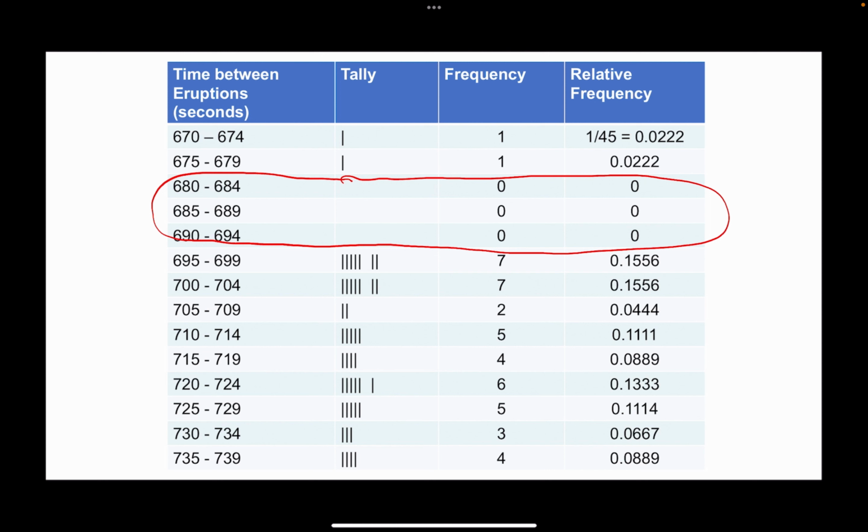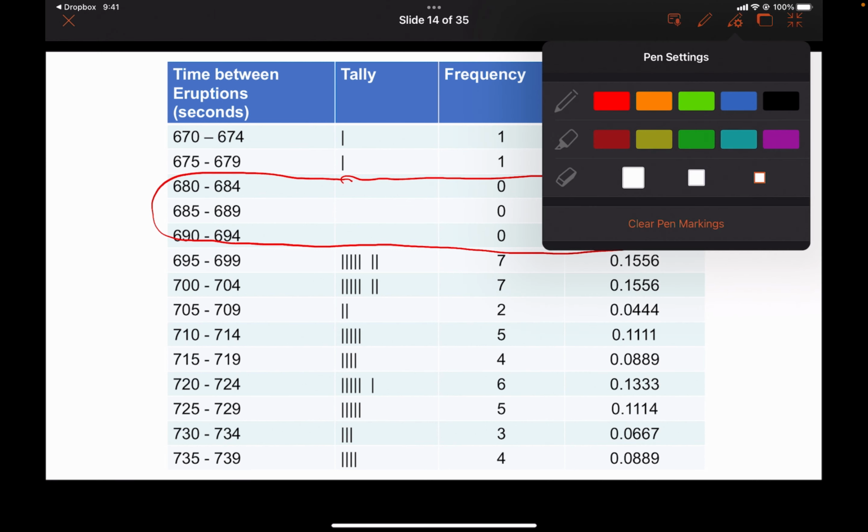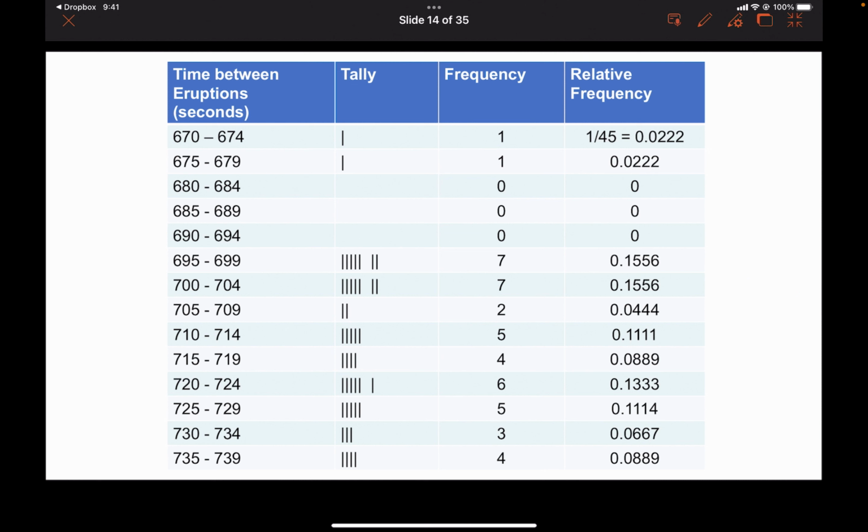We usually want to avoid having an ugly, awkward histogram. So if when you make your bins you end up with this big gap in the middle like that, we usually will make the bins a little bit bigger so that we don't end up with a big gap like that. So having the class width of 10 is better than having that class width of 5 where we have this big awkward gap in the middle.